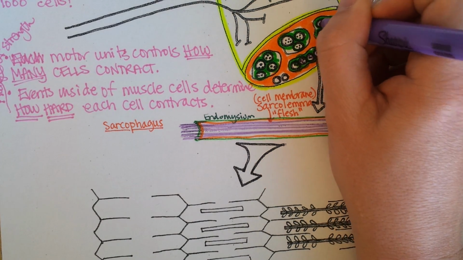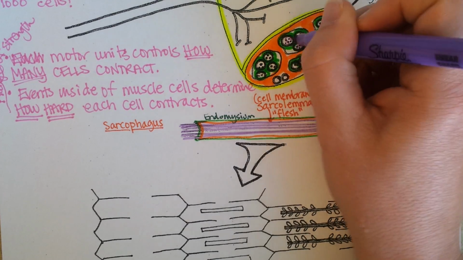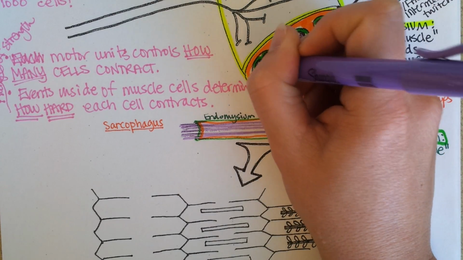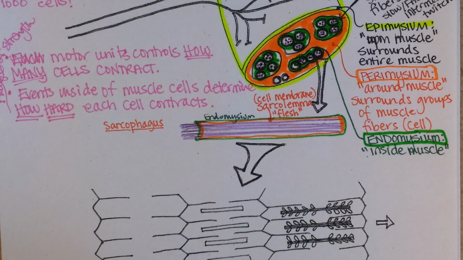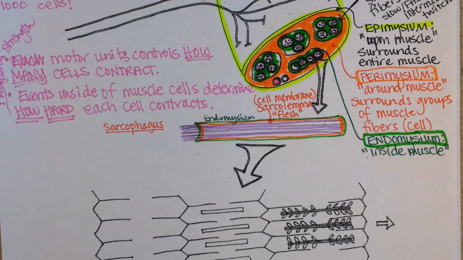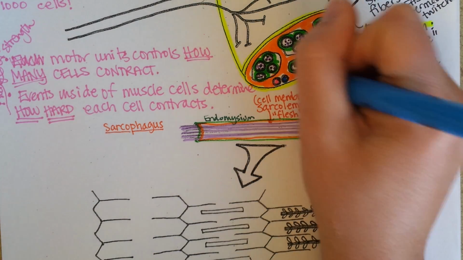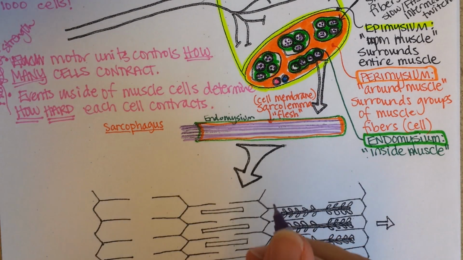So each muscle cell is filled with myofibrils. Filled up to the brim with myofibrils. And in case you were wondering, these two circles here, I put those there to represent an artery and a vein traveling through the muscle. Okay, so purple is, those are the myofibrils.